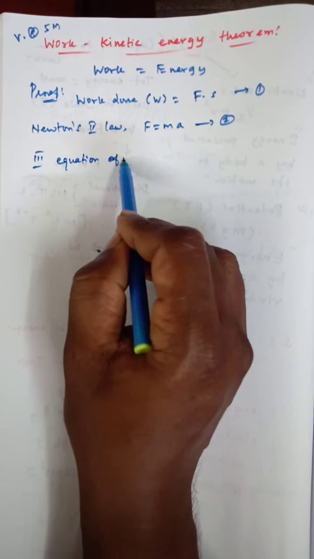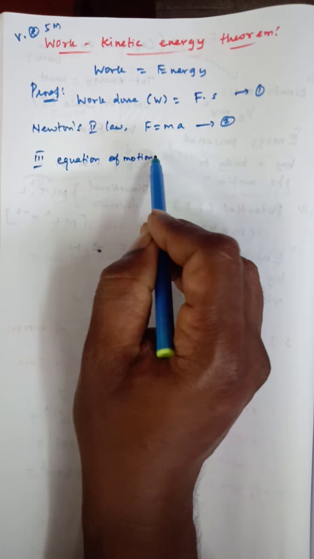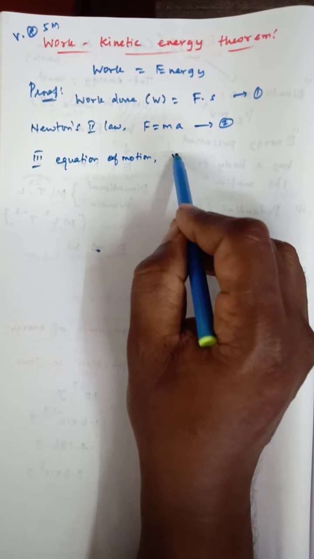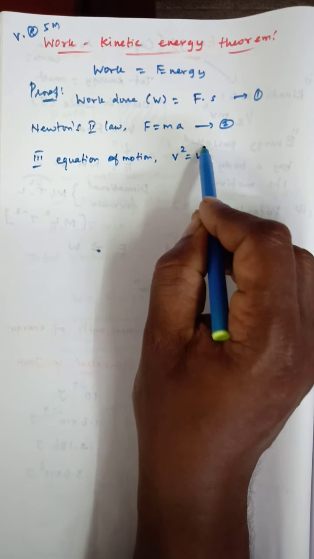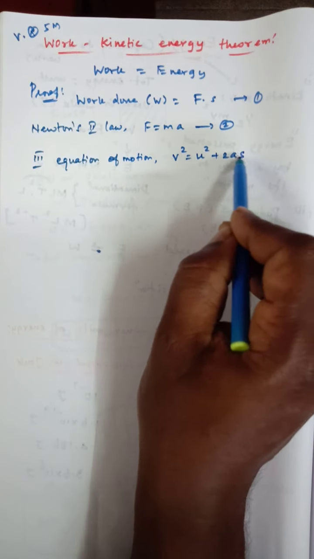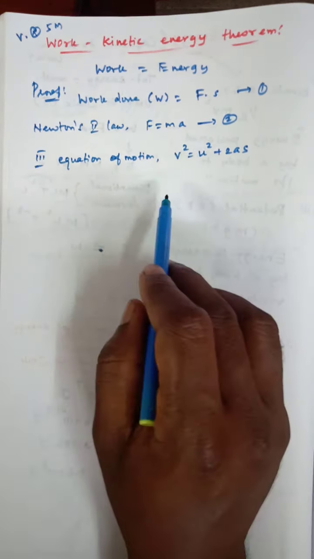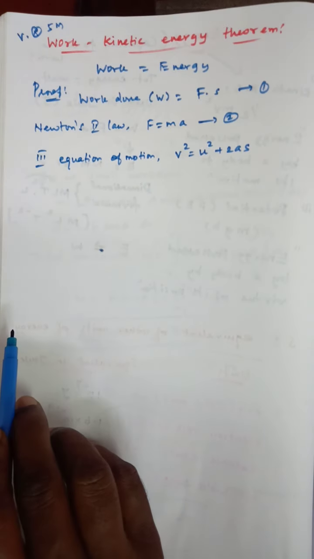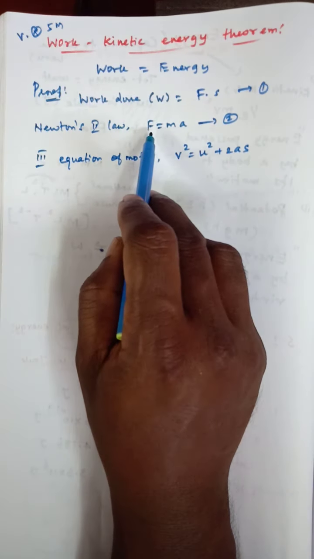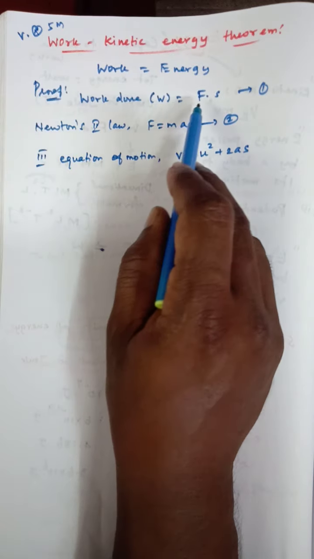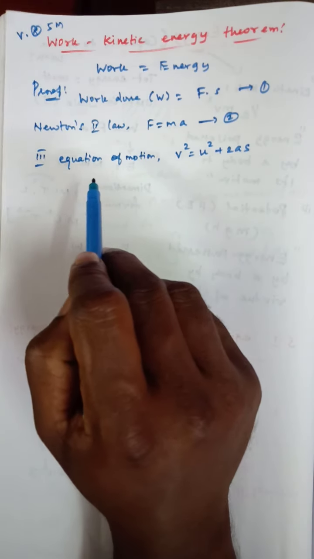The third equation of motion is V square is equal to U square plus 2AS. From this relation, we will find the acceleration, and then apply it to find the force. So it goes step by step.